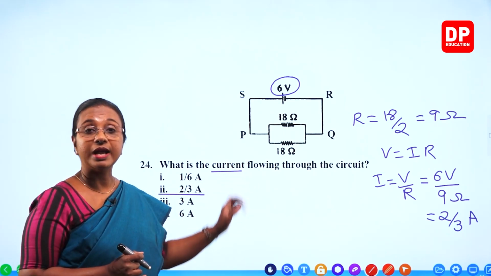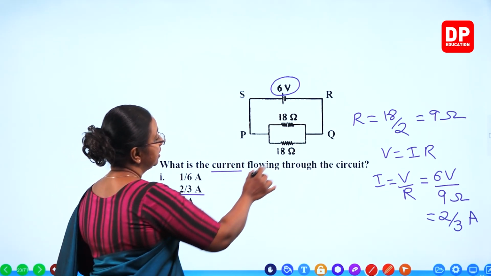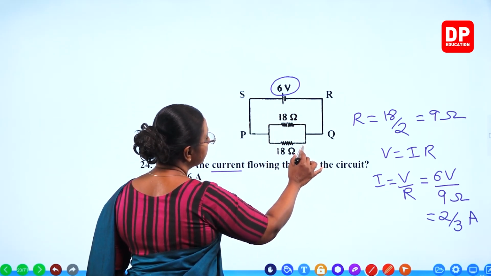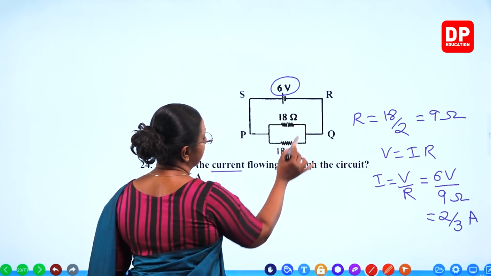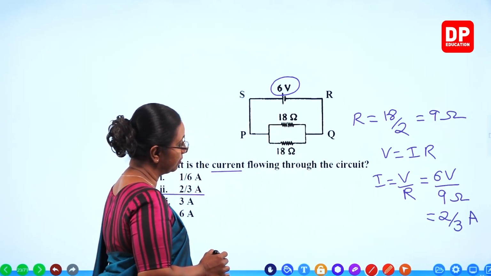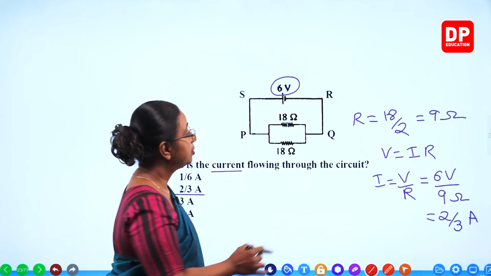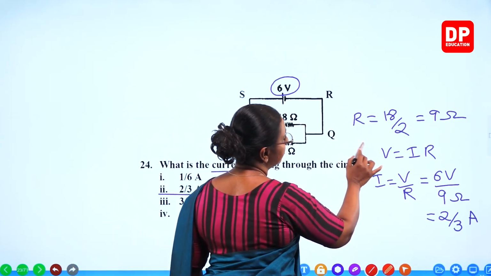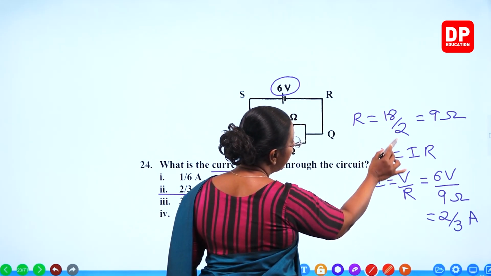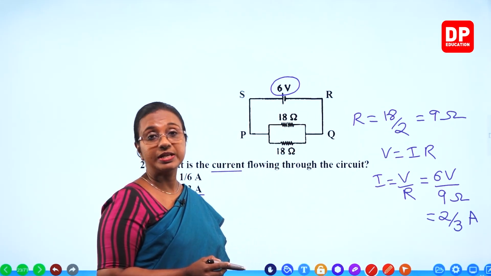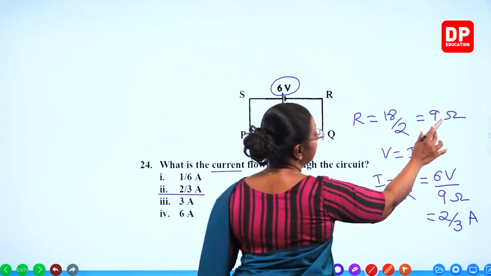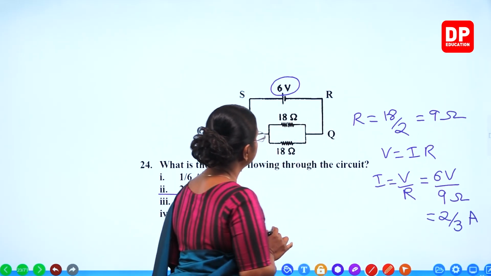So first, look at the circuit. It is important. There are two resistors of equal values, 18 ohm, 18 ohm. And they are connected in parallel. So you know the equivalent resistance will be half of the individual resistor. So that is 18 divided by 2, 9 ohms.